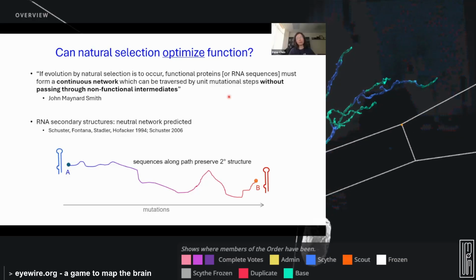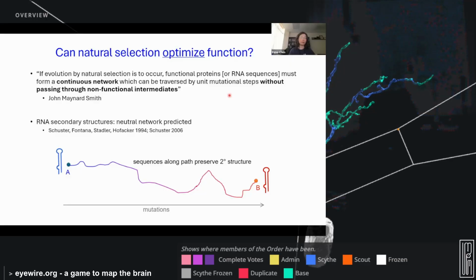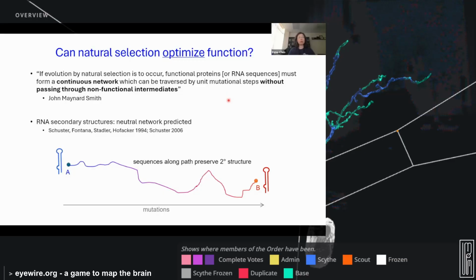So the idea is that we want to find these pathways that are viable so that our organism doesn't lose fitness, or our molecule doesn't lose fitness, while going from point A to point B. And in the 2000s, there had been some computational work which really inspired us on this question for RNAs.